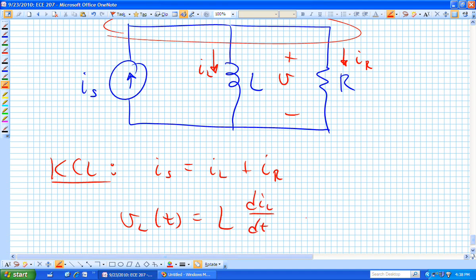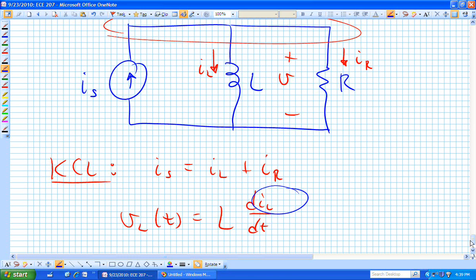What variable are we going to write equations in terms of for inductors, if an inductor is a dual element to a capacitor? We isolated on the derivative term in our capacitor, which was capacitor voltage. Now we want to write our inductor relationships in terms of inductor currents.